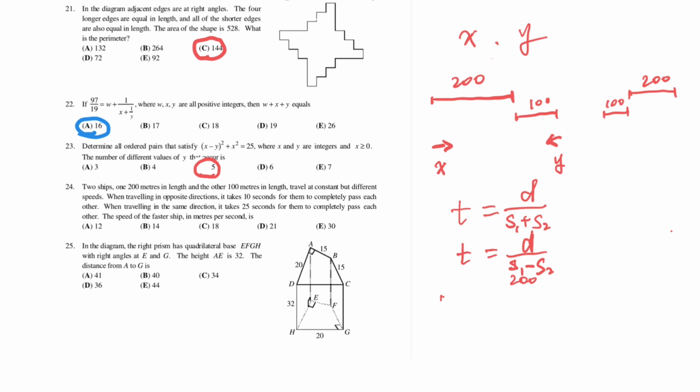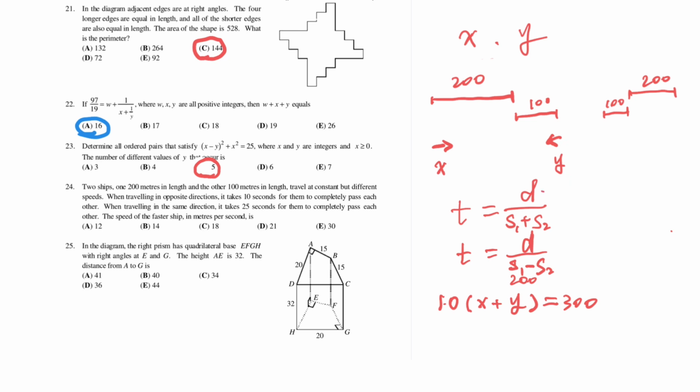Now we can write the two equations. The time in the opposite direction is 10 seconds. Distance equals time times speed, so 10 times (x plus y) equals 300.